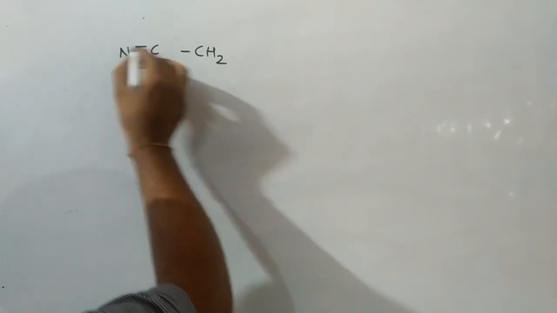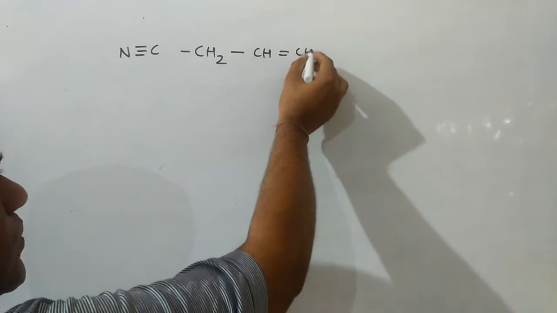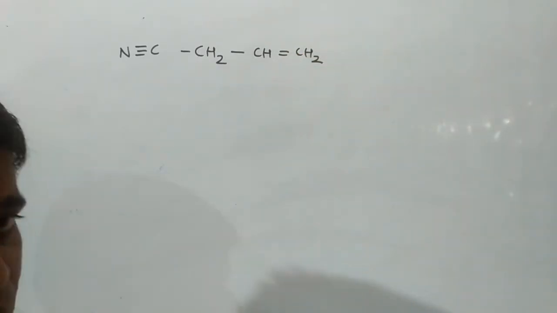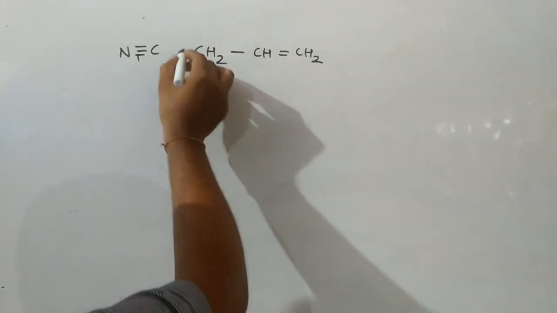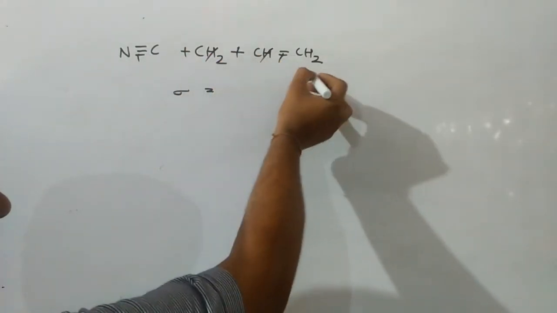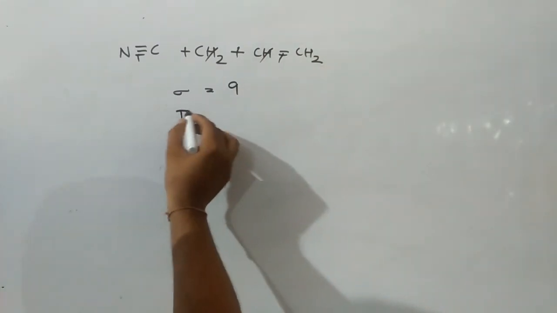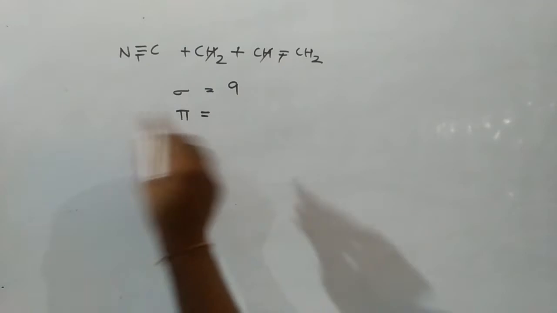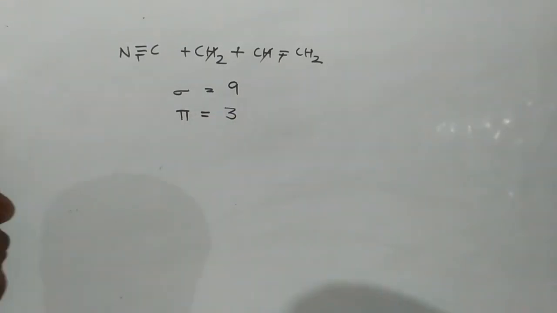For allyl cyanide, the formula will be CN-CH2-CH=CH2. So here the number of sigma bonds will be 1, 2, 4, 5, 6, 7 and 9. Sigma bonds will be 9 and pi bonds will be 3.